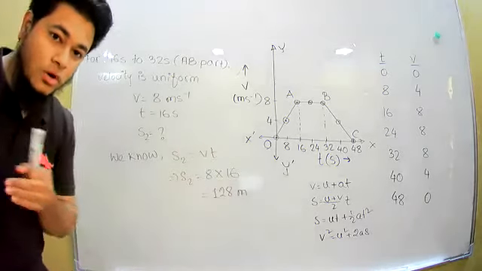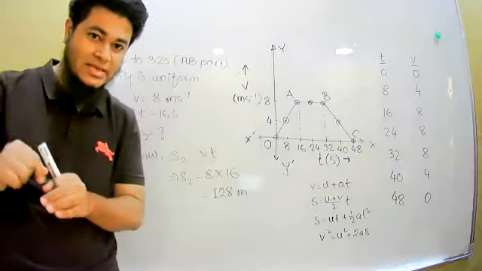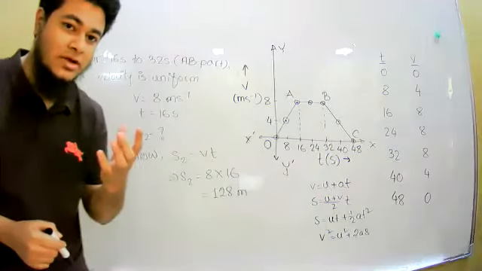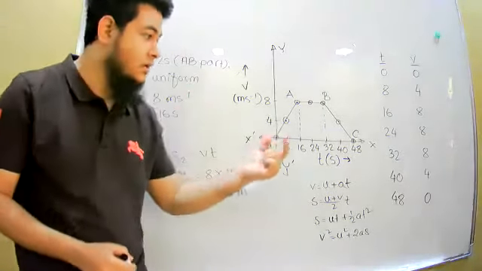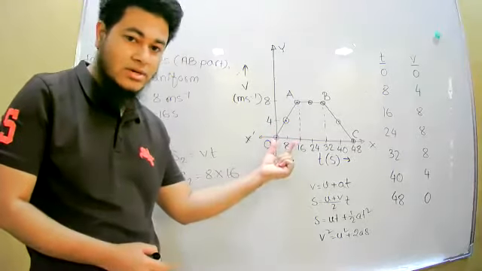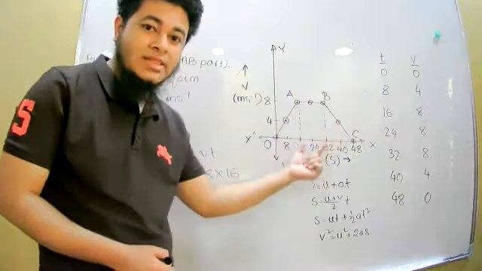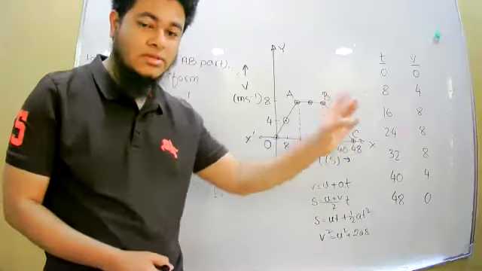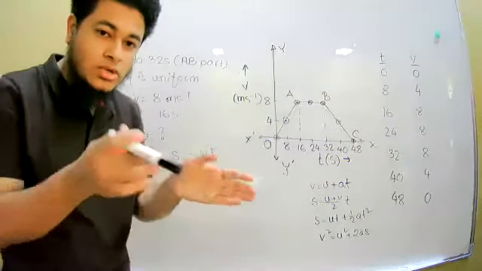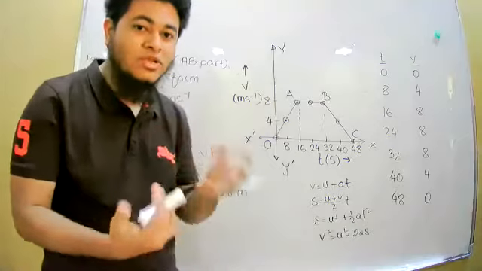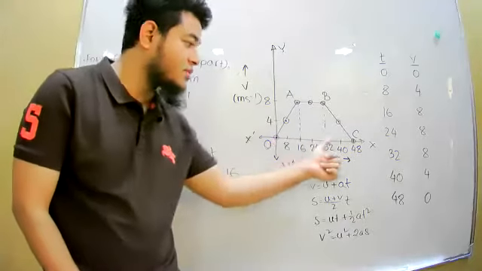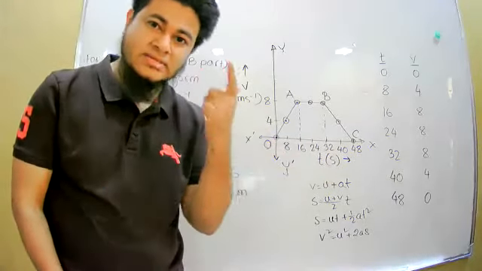Now coming back to our question that is given in C, they told us to calculate the distance covered in first 32 seconds. So first 16 seconds we have calculated the distance, it is 64. In the next 16 seconds we have calculated the distance covered, it is 128. So if I add them up, then that will give me the total distance covered in the first 32 seconds. Alif, is it clear now?